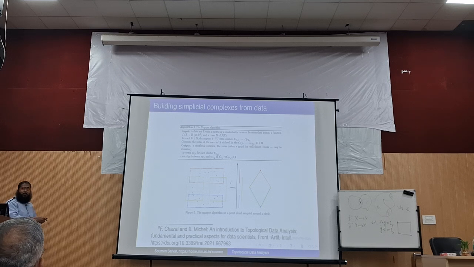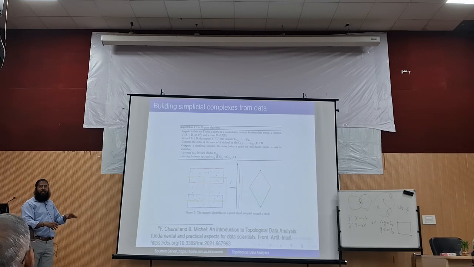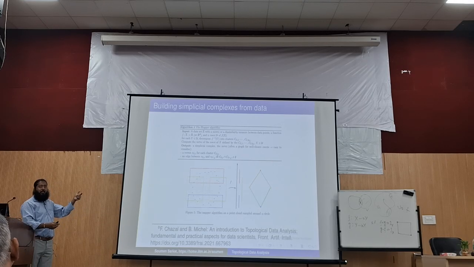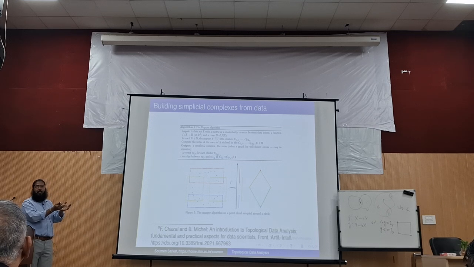Okay, up to this: from data how to get the graph, and from the graph how to get the simplicial complex. And a simplicial complex is a topological space. The easiest thing to compute in topology is the homology group, not the homotopy group or fundamental group, because of the definition. And what it finds, as the professor was asking, what it means: it tells how many voids are there. So computing homology gives the answer.